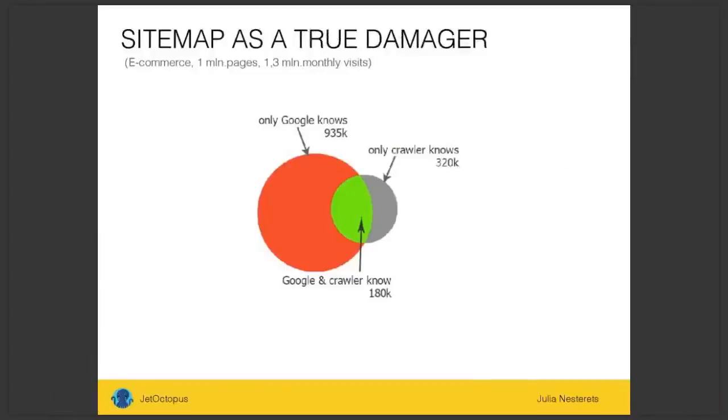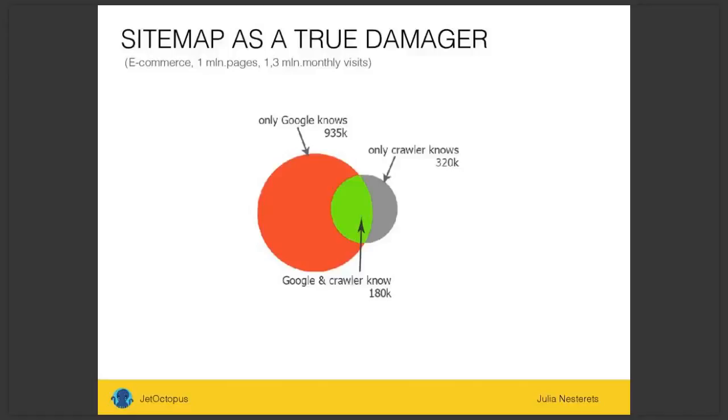Another case was with e-commerce, and it is called SITEMAP as a true damager. It is an e-commerce site which has 1 million pages and more than 1 million monthly visits. Here we have almost 1 million pages which are regularly visited by Google bots, and we don't know about them.